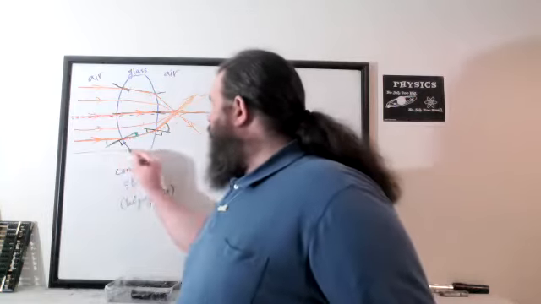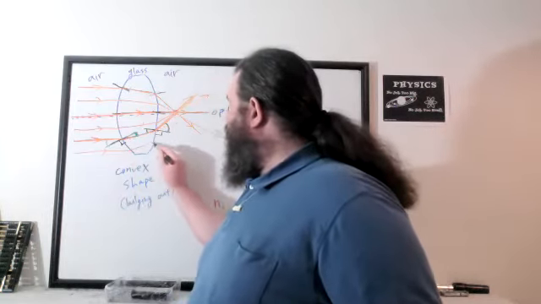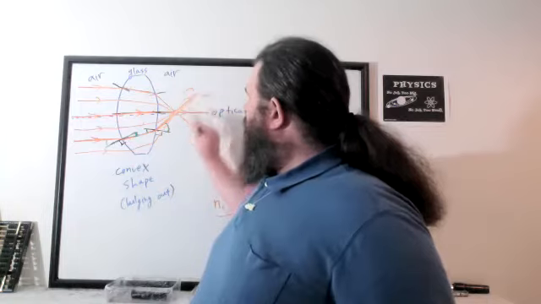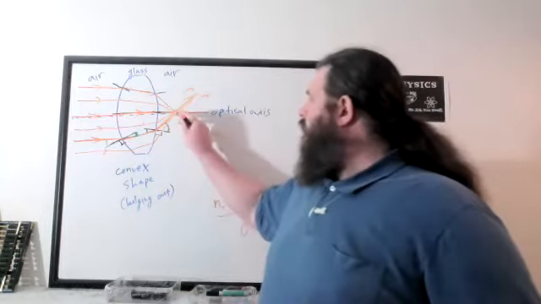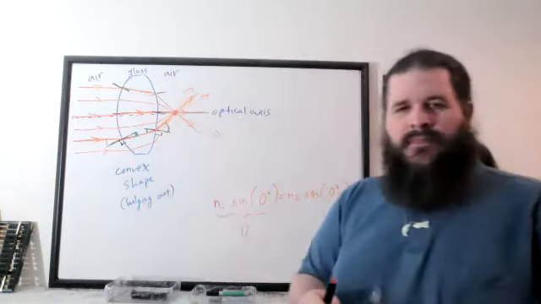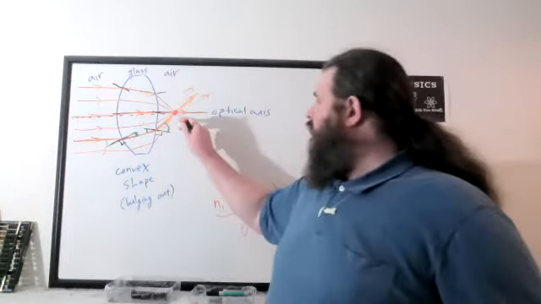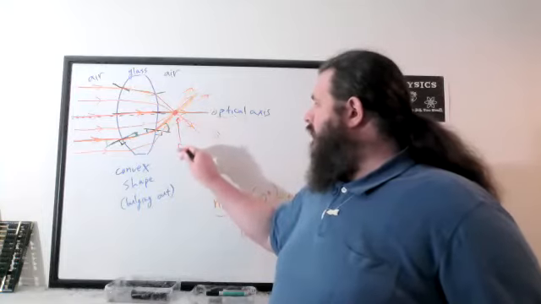All these rays that come in parallel to the original optical axis end up bending to intersect in this one location. And of course, they don't just stop there, they keep going. But that one location is called the focus or focal point of the lens.